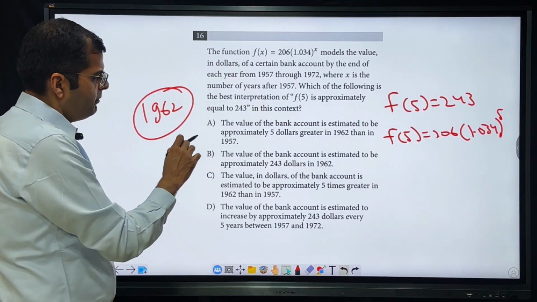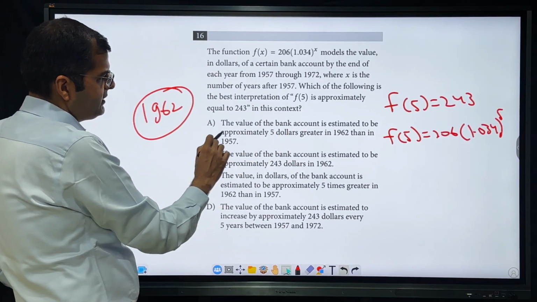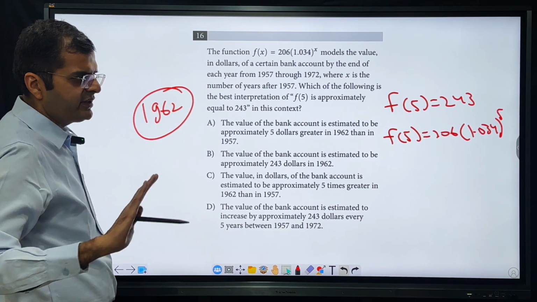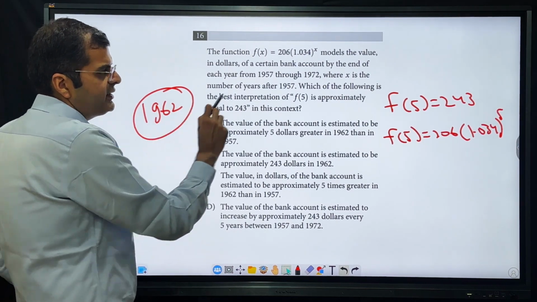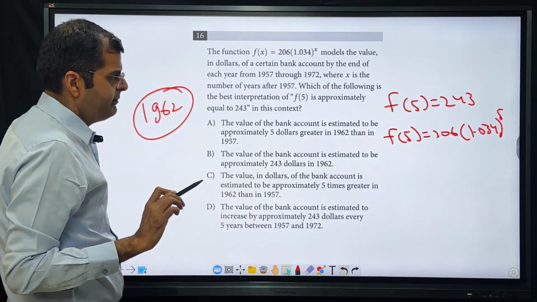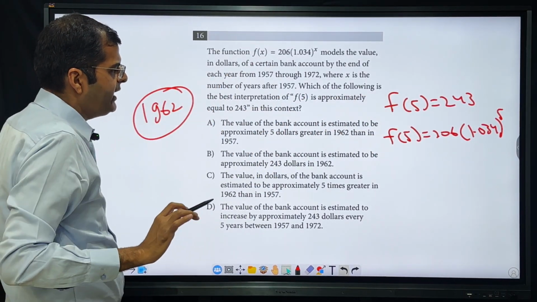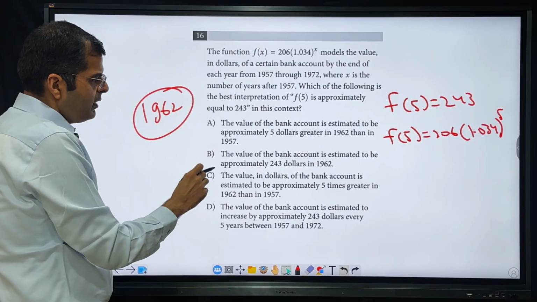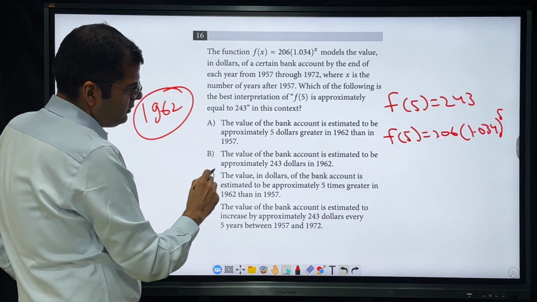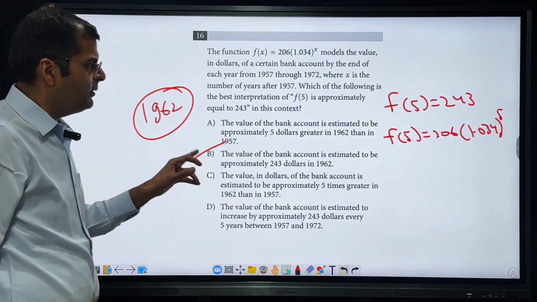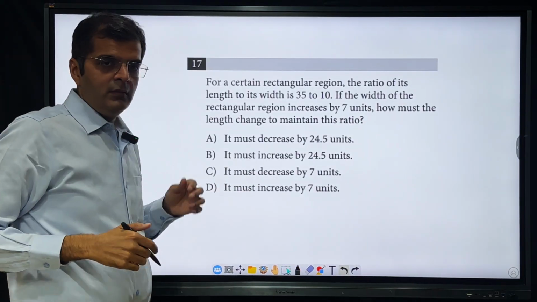Option A says the value of the bank account is estimated to be approximately $5 greater in 1962 than in 1957. No, in 1962 it is approximated to be 243, which is not $5 greater than 206. It was 206 in 1957. The value of the bank account is estimated to be approximately $243 in 1962. This is the right answer. So answer option B is correct here.